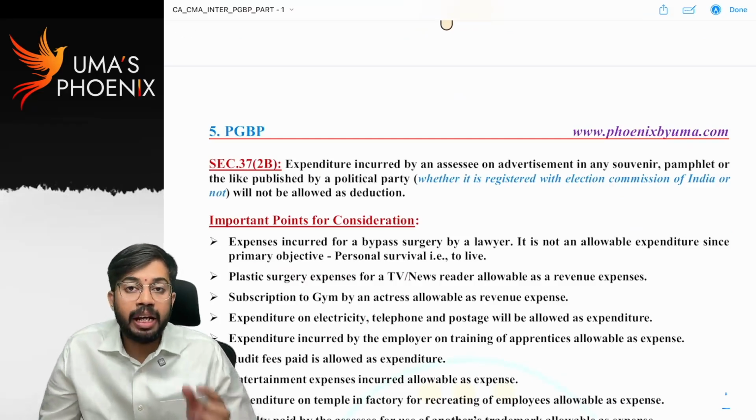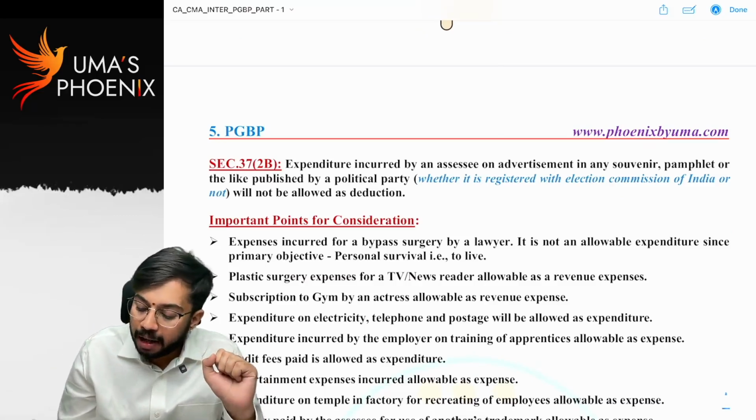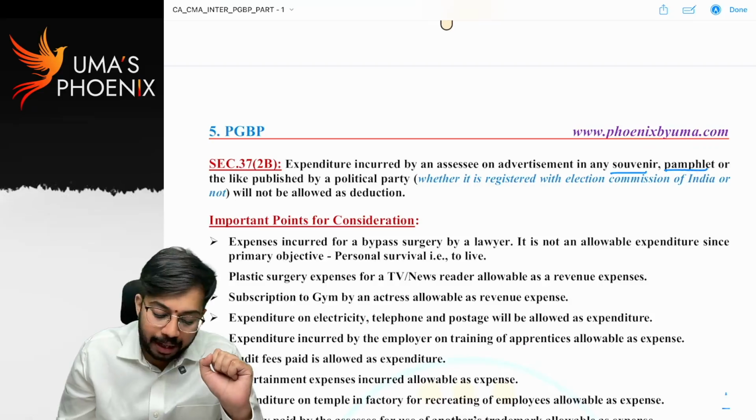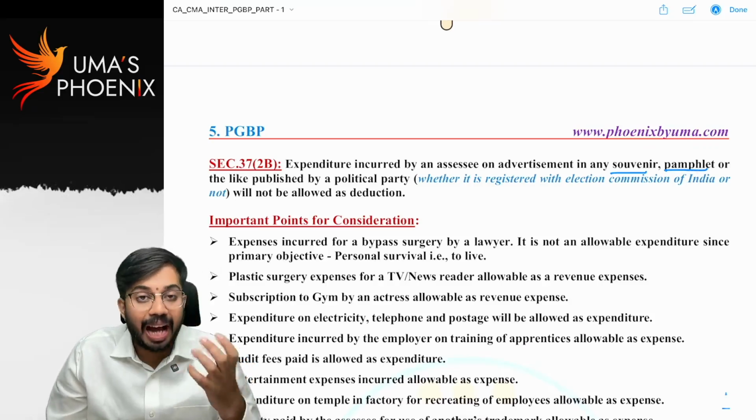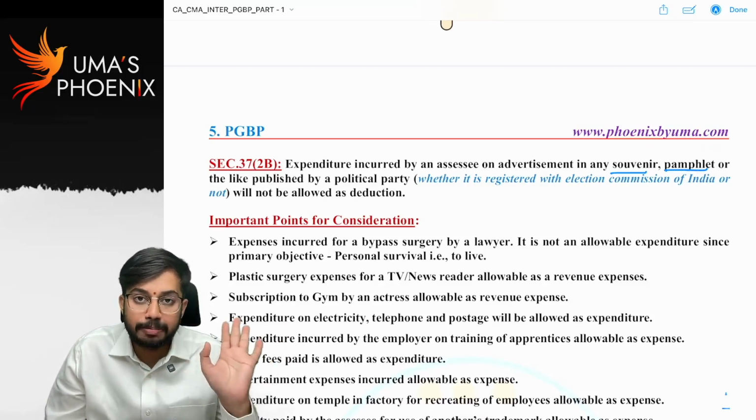Next, if any advertisement expenditure is incurred for advertisement in any political party souvenir, pamphlet or calendar, that advertisement expenditure is not allowed as business expenditure.